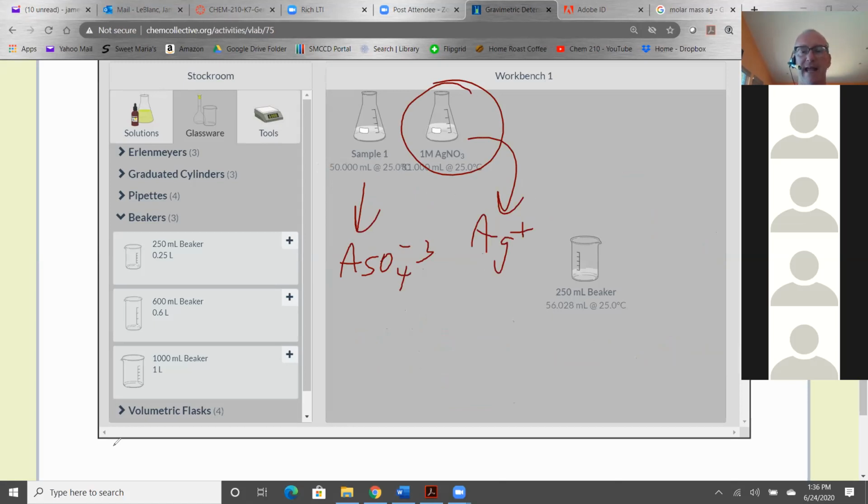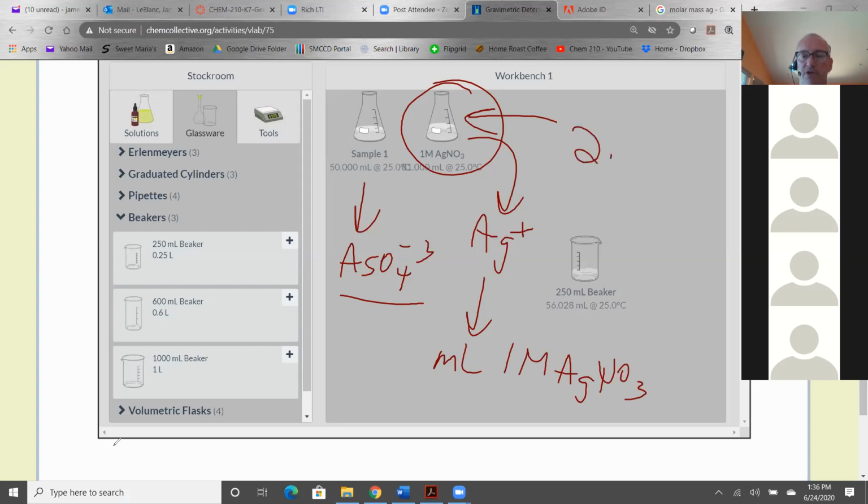In the table, you're going to write how many mils of this solution I added to precipitate all of the arsenate. When you pour in 2 mils, you report 2 mils of that, and this is how much precipitate was formed, the precipitate being this.